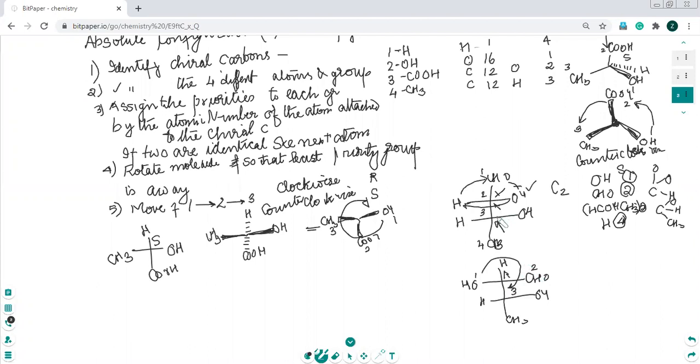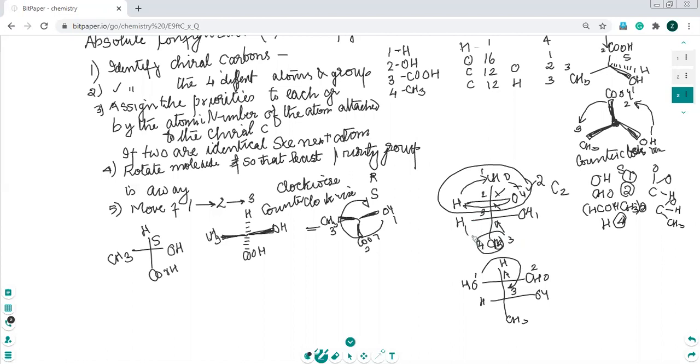Similarly, let us look at this carbon. This is priority 1. This whole group is having priority 2. And this is priority 3. But again, the hydrogen is in front, so we'll have to bring the hydrogen to the back side.